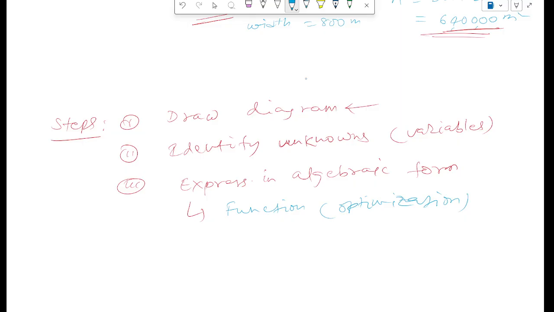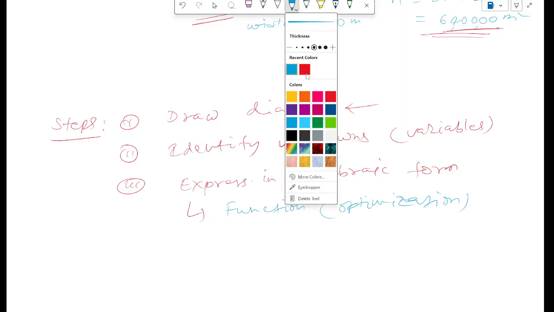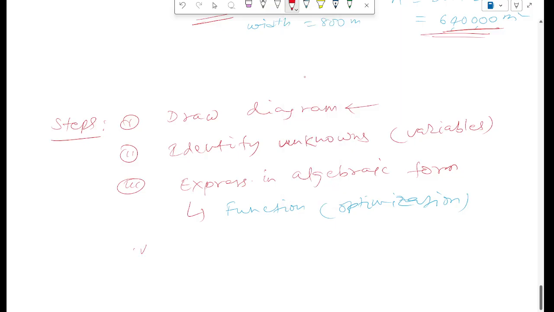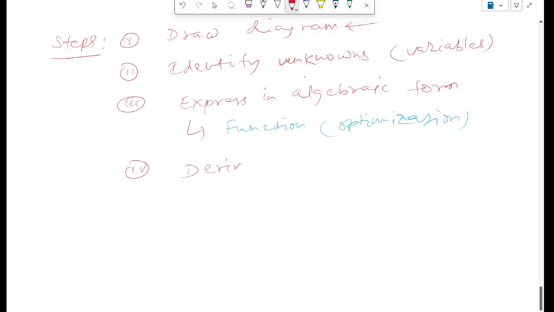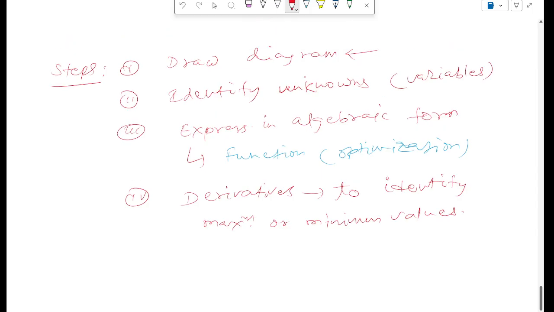And fourth, we calculate the derivatives to identify maximum or minimum value. These are the steps that we do in optimization problems.